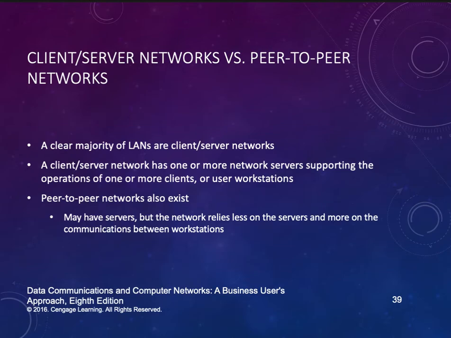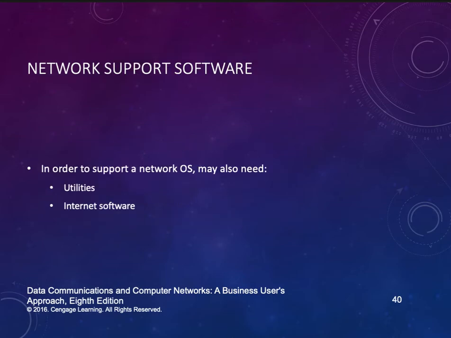Next, we have client-server or peer-to-peer network. This is basically LAN and server. In terms of utility, some of these are internet software. These are basically software that supports the OS.